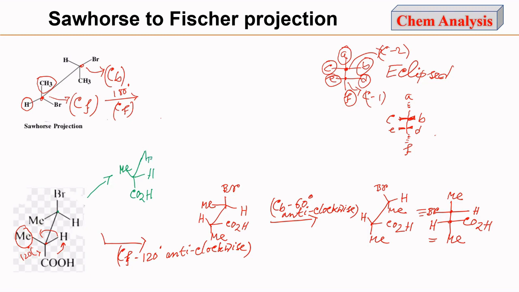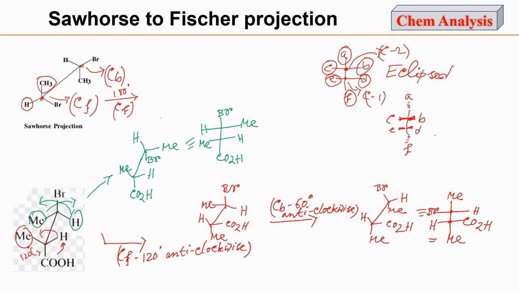Back substituent bromine atom will go below the plane, and methyl group will, after 180 degree rotation, go on the right side, and hydrogen atom will go on the left side after 180 degree rotation. So if we draw the corresponding Fischer projection formula, then the structure will be this one. Is it clear?